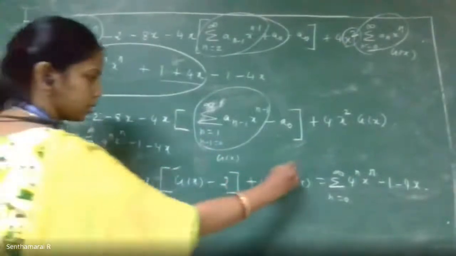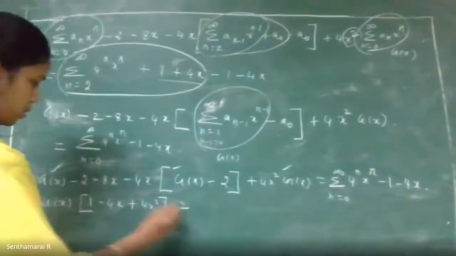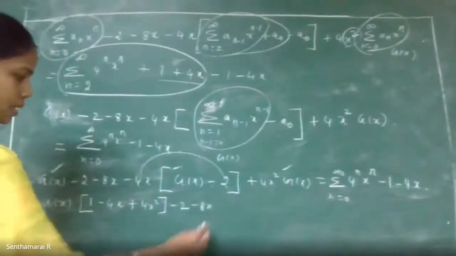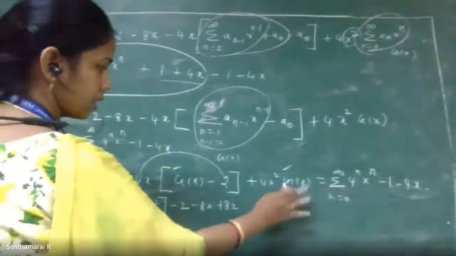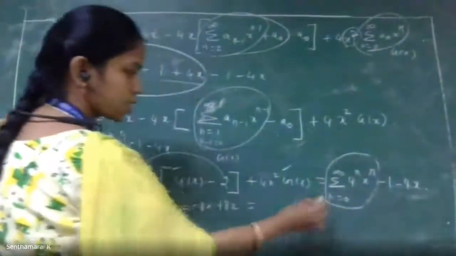Now I took the two separately. What are the remaining things I have? Here it is minus 2, minus 8x. When I multiply this with this, plus 8x comes. Plus here there is no term. This side, what can you write for this? The expansion.